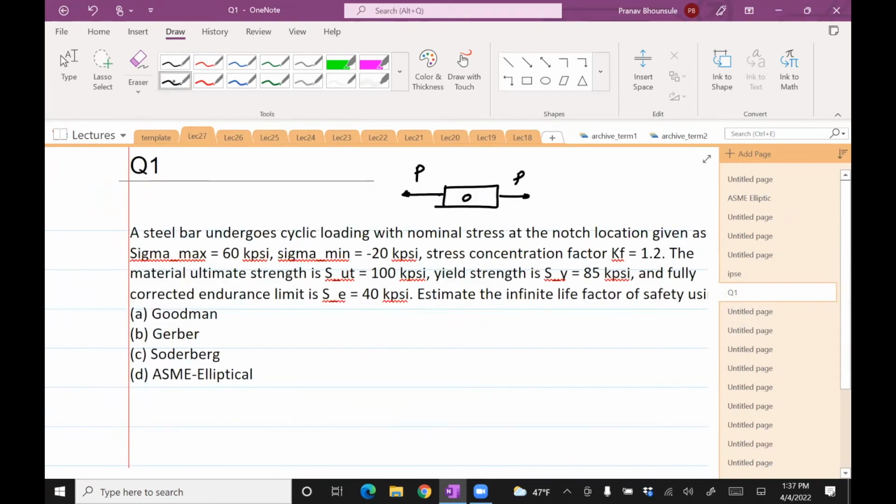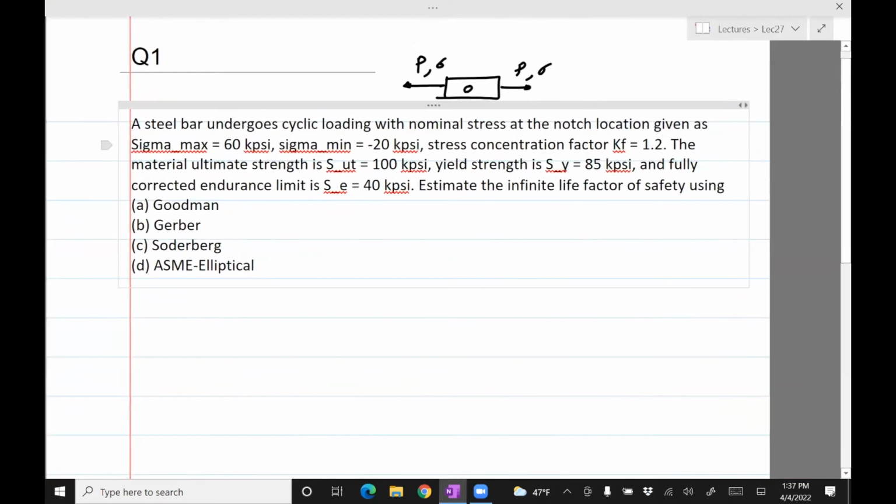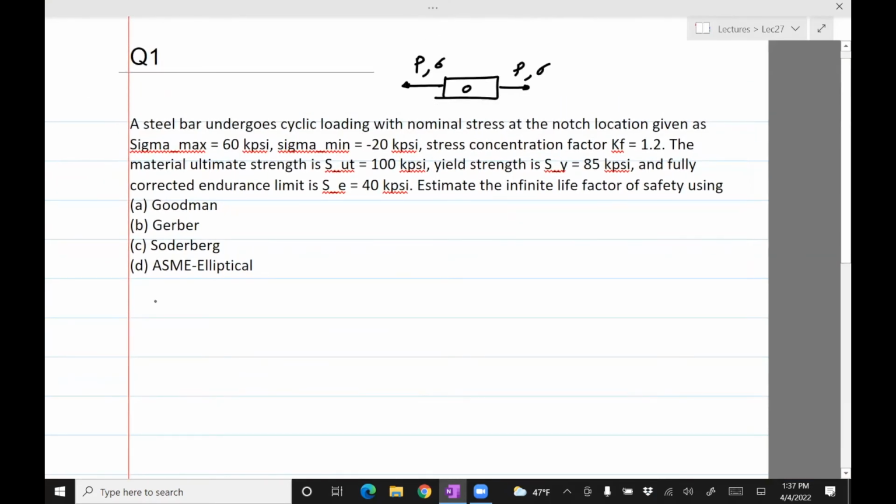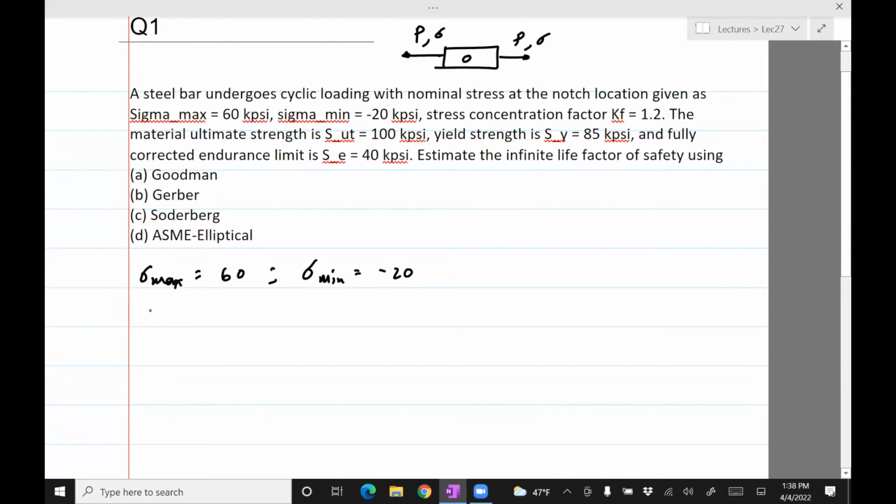Okay, so the same settings. We have sigma max is 60, sigma min is minus 20, and then we have the usual SUT is 100, SY is 85, SE is 40.